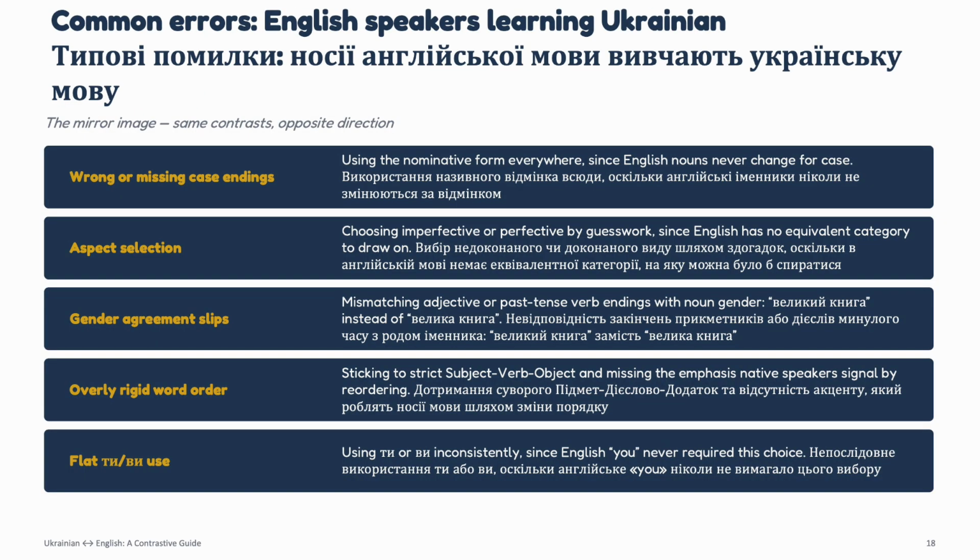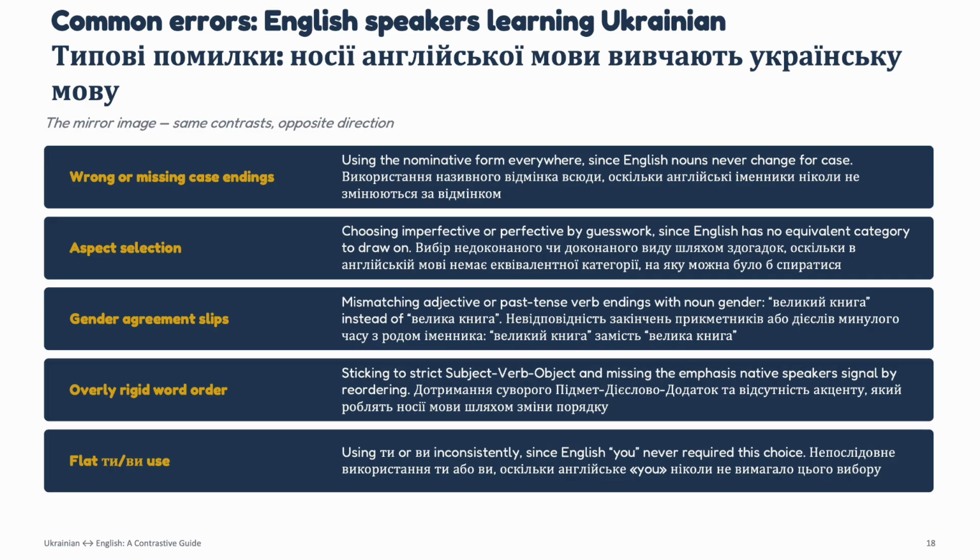Okay, now the mirror image, the same underlying contrast, just running in the opposite direction. Wrong or missing case endings: this is for English speakers who try to learn Ukrainian. So it can be wrong or missing case endings, using the nominative form everywhere, because English forms never change for case.